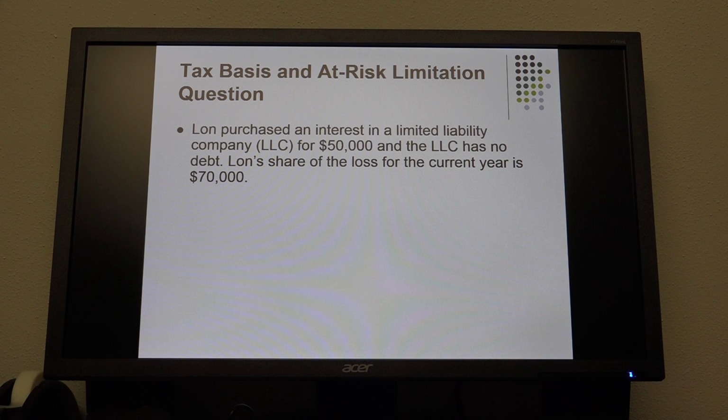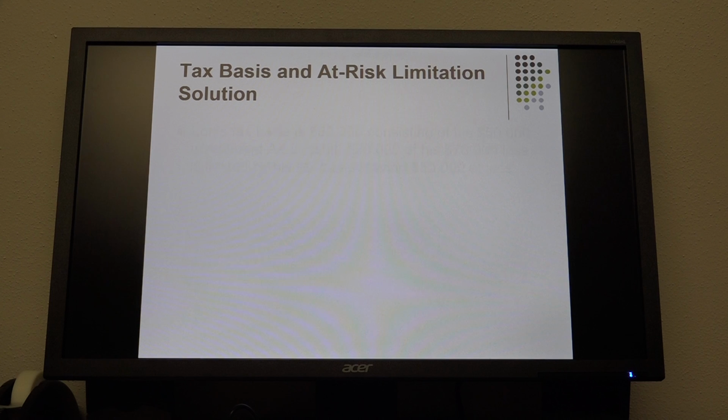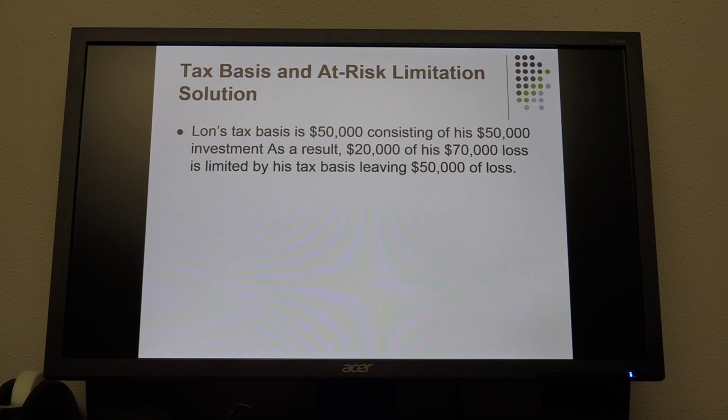Well, the first test, the tax basis test, would only allow him to deduct $50,000 of the $70,000 loss. Since there's no debt, he would also be limited by the at-risk limitation to $50,000 as well.